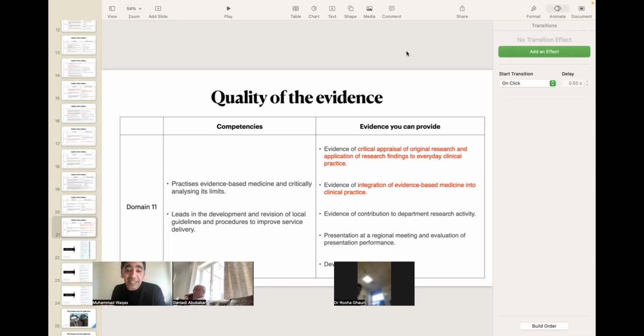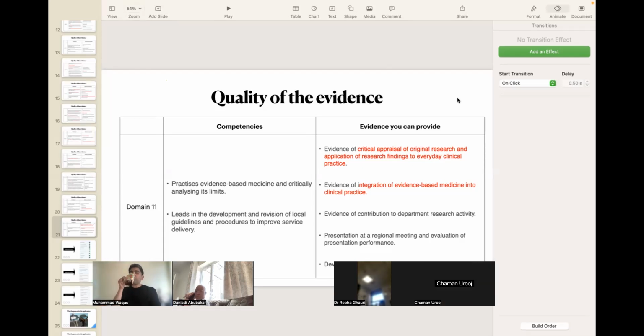But that is good, in a way, because that is what these people want. So portfolio is a good piece of evidence, but keep a variety of different things. Okay, thank you, it's very helpful.